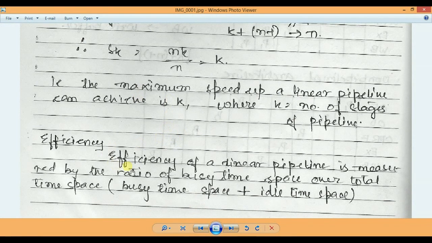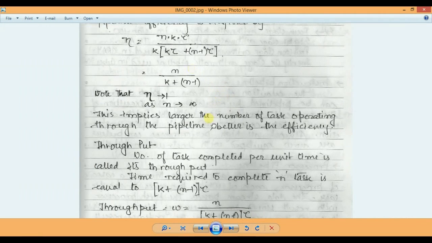Efficiency. Efficiency of a linear pipeline is measured by the ratio of busy time space over total time space. Busy time space plus idle time space is the total time space. Let's see.